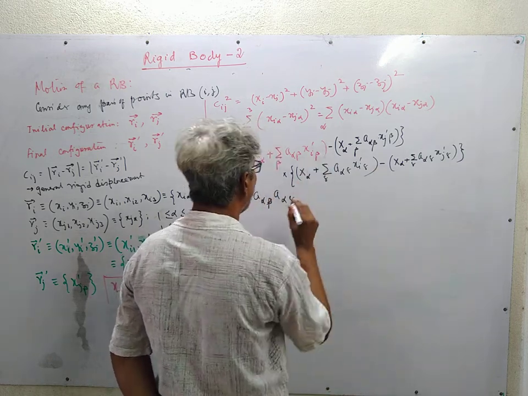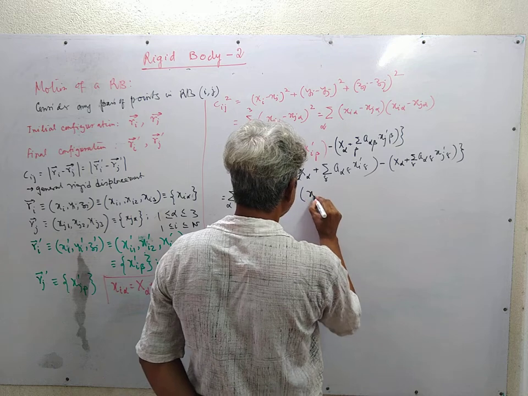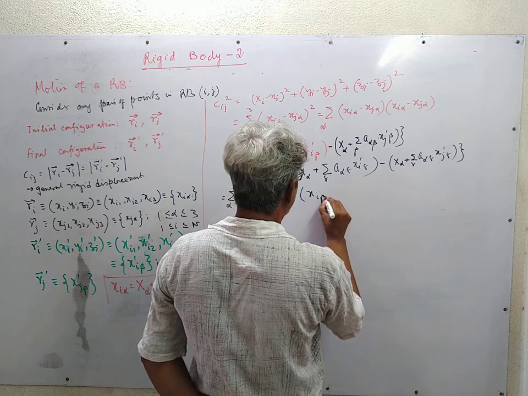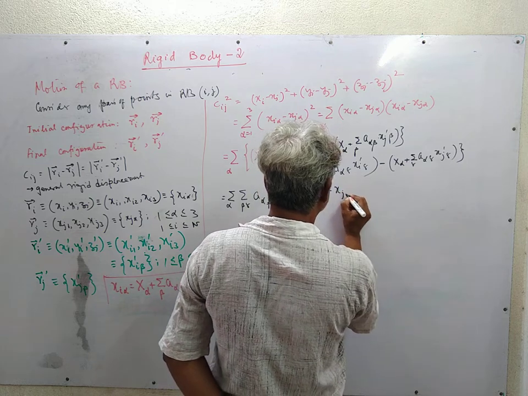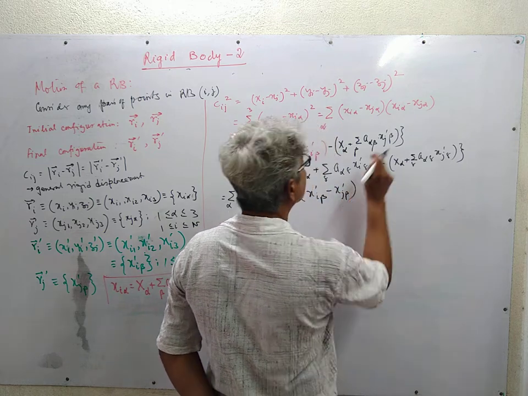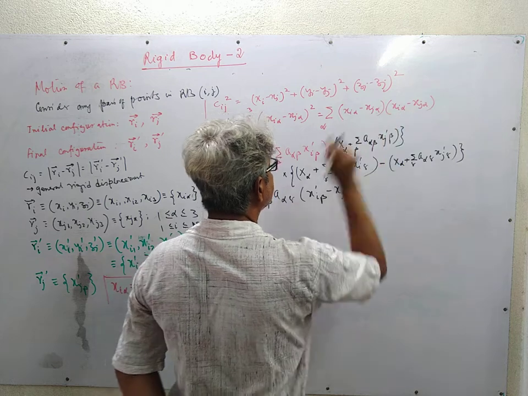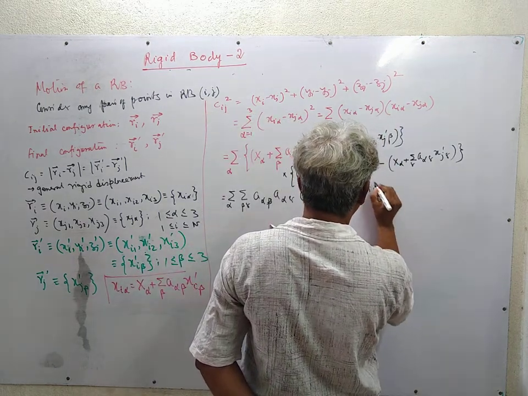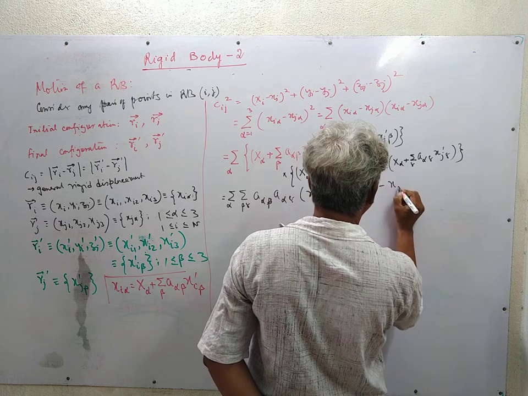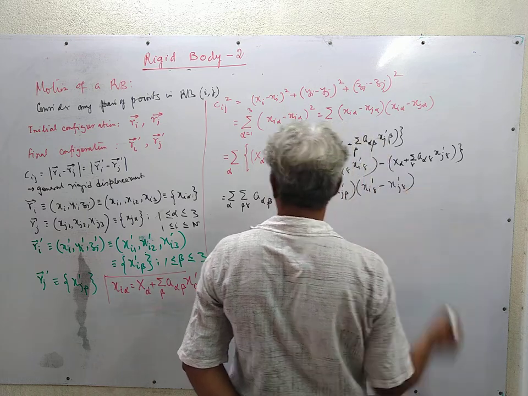Then we are left with xi beta prime minus xj beta prime from this part, and then we have xi gamma prime minus xj gamma prime.